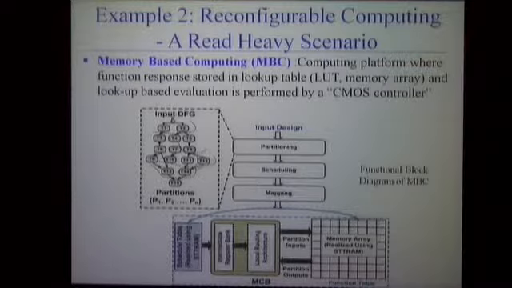As we can understand, we map the function response into this 2D memory array, which is realized using STT-RAM. For one write that we perform to this array, we do multiple lookups based on the CMOS controller.